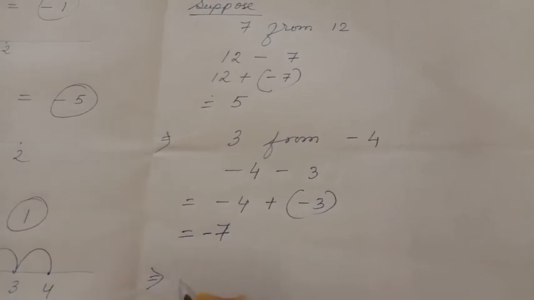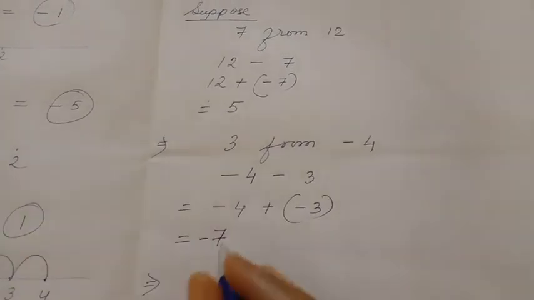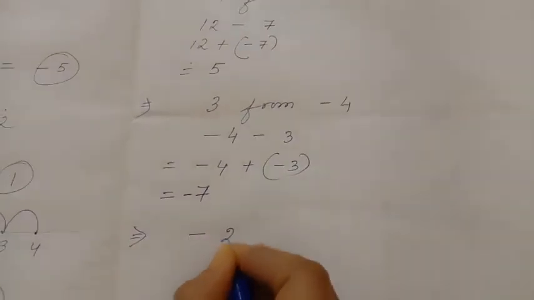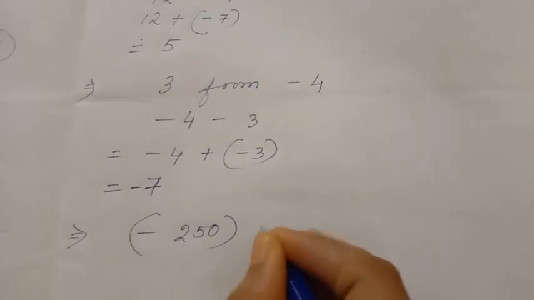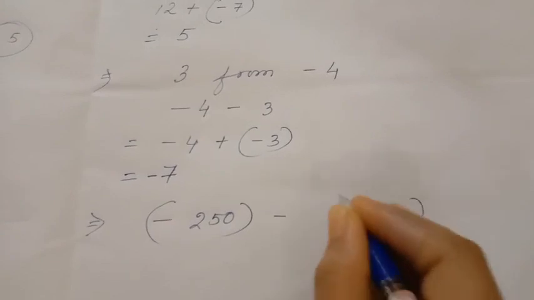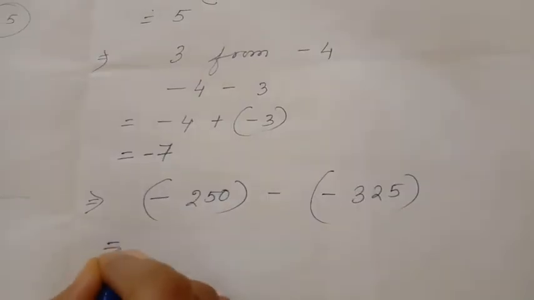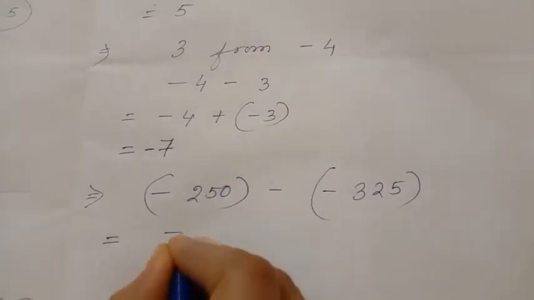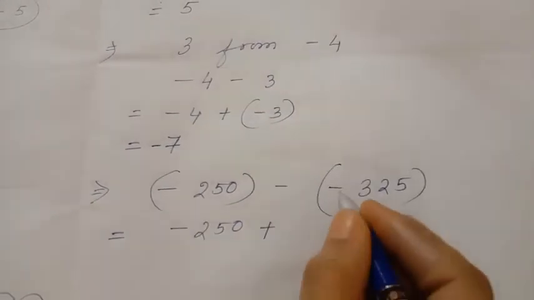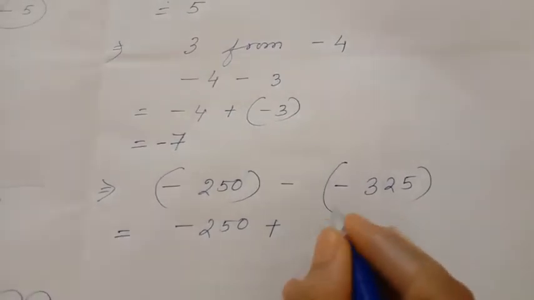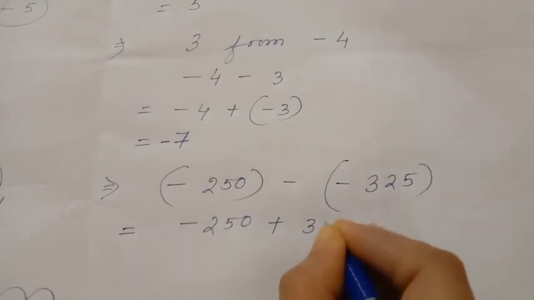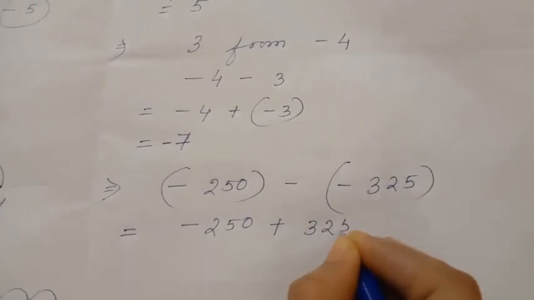Next, by taking one big value, we can do that process. Suppose -250 minus, in bracket, -325. So -250 plus, we are changing the sign of this integer, so from minus it will turn to plus, so plus 325.